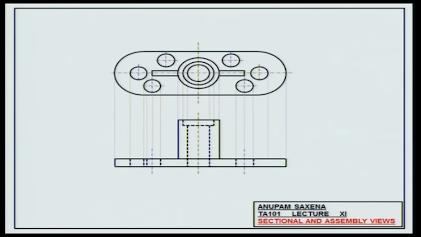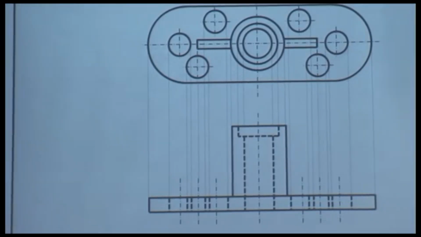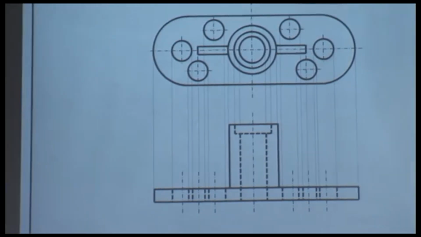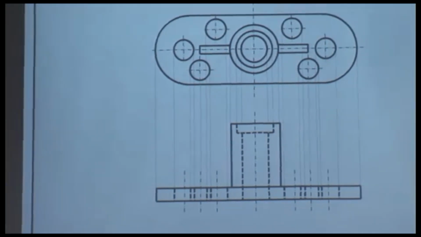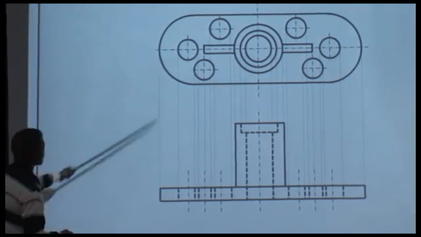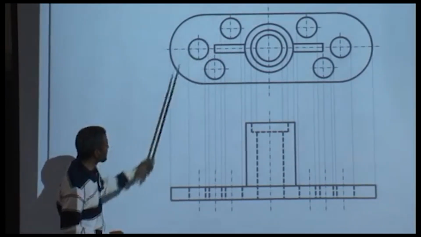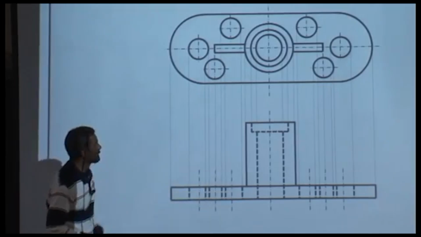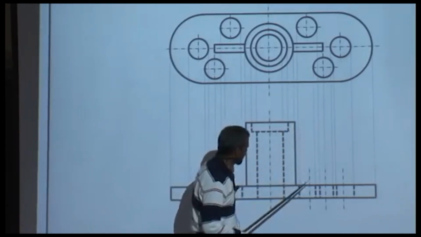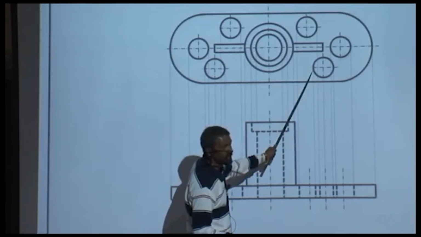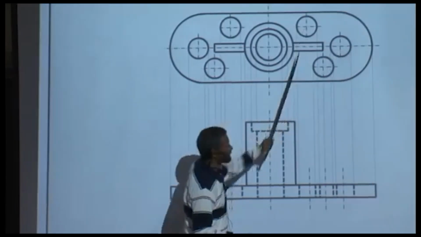I'm going to go slow so that you realize what's going on. Alright, so at this time you see these hidden lines pertaining to these circular voids here, and then the corresponding center lines. The same on the right hand side, hidden lines pertaining to these voids, and then the center lines.